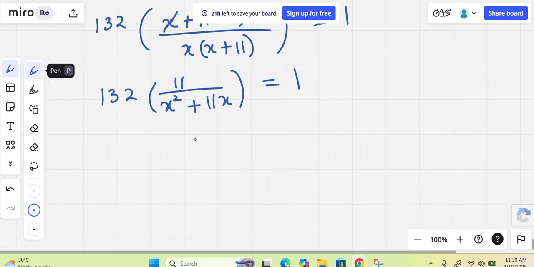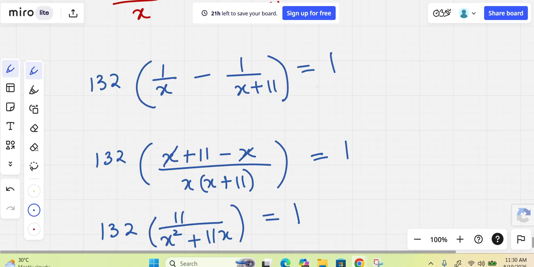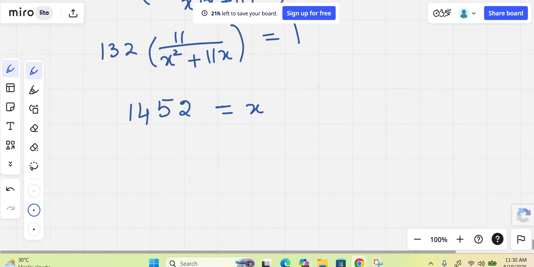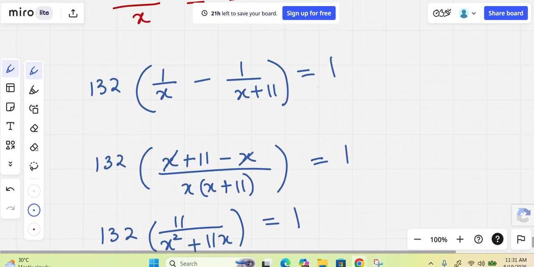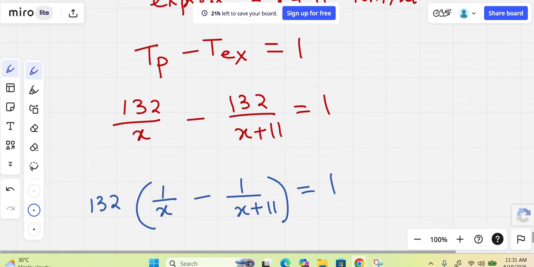If I open the bracket, how much is 11 into 132? 1452 is equal to... am I correct? It's okay, right?